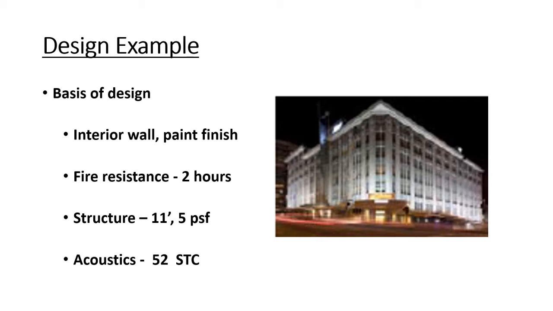The required wall height for this application is 11 feet. And since it is an interior partition, it must have the capacity to resist a 5 psf lateral load. The last of these 4 requirements is that the wall itself must achieve a 52 STC rating.